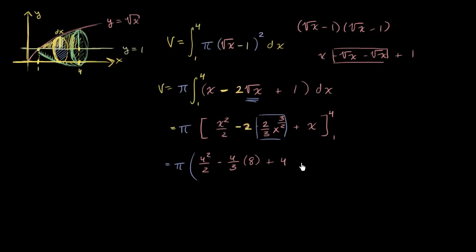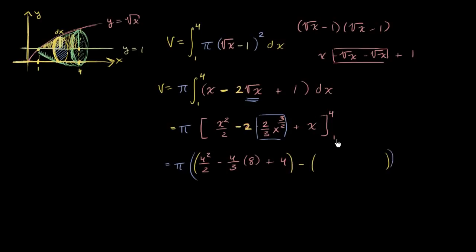And then you subtract out all of this stuff evaluated at 1. Actually, I don't want to skip too many steps. So this is when we evaluated at 4. And then we're going to subtract when we evaluate this whole thing at 1.